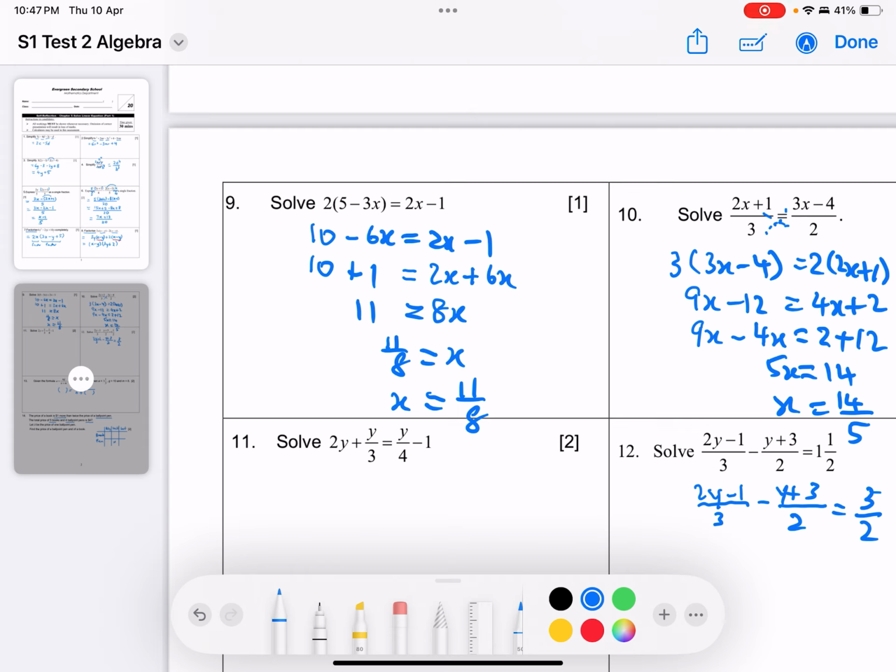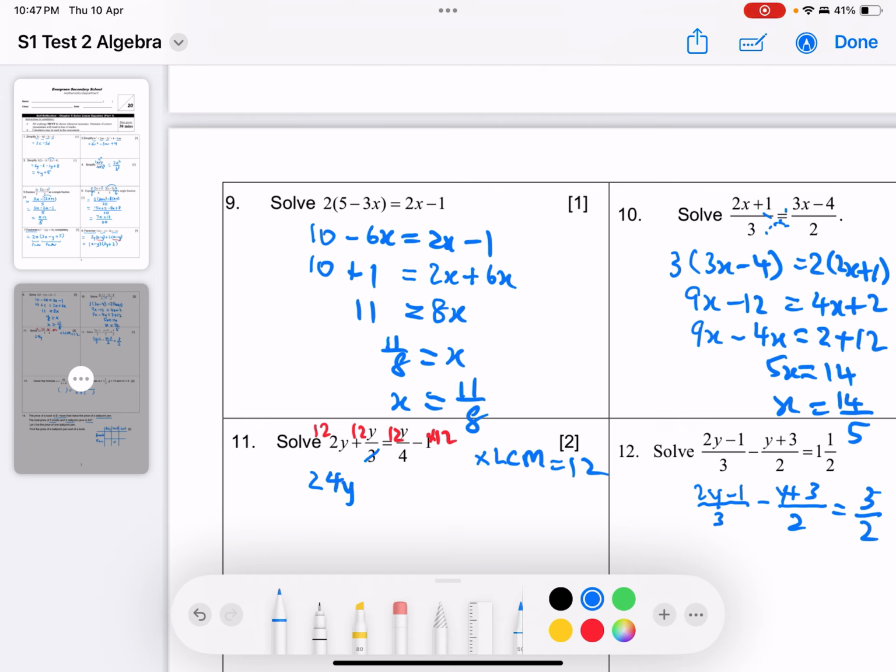Okay. Now we have separate fractions. So when we have separate fractions in an equation, we multiply throughout by the LCM. And the LCM of 3 and 4 is 12. So we multiply every term by 12. So 12 times 2 is 24.